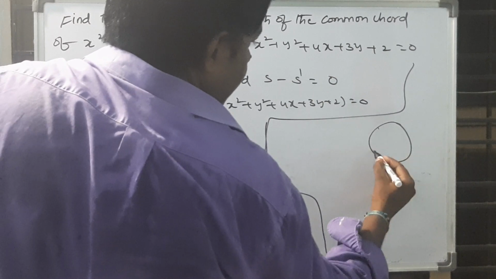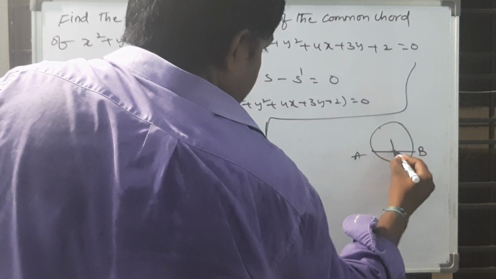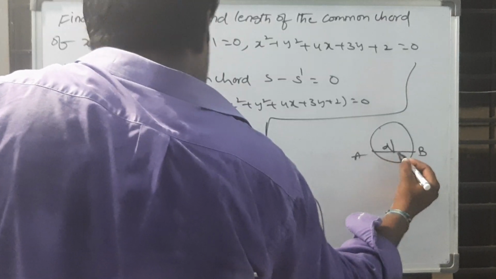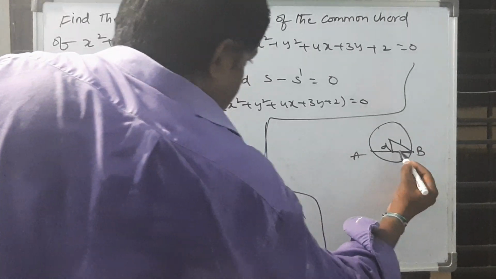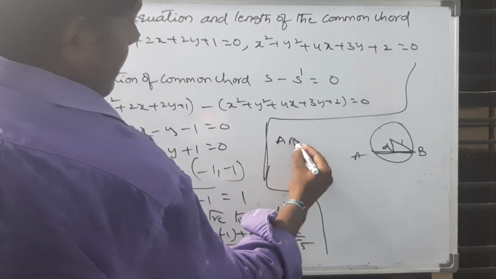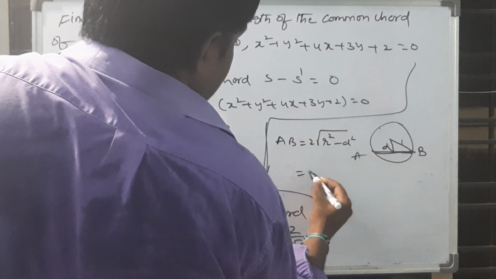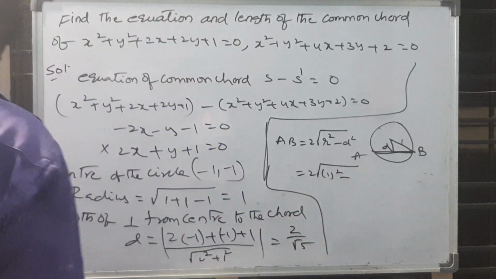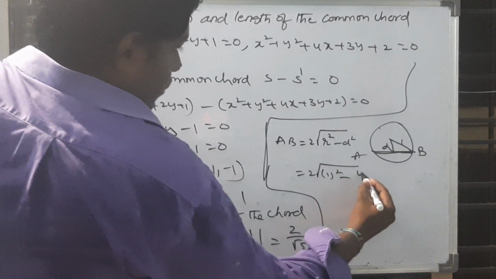This is the circle. This is the chord. Length of perpendicular distance from here to here, what we got? 2 by root 5. This is d. This is the radius 1. So we want the length of the chord, this AB. So AB is nothing but 2 into root of r square minus d square. 2 into root of r value is 1 square minus d square is 2 by root 5 whole square, which is 4 by 5.